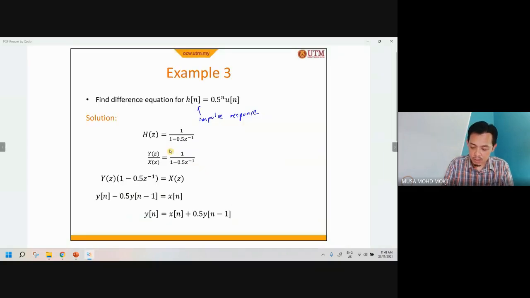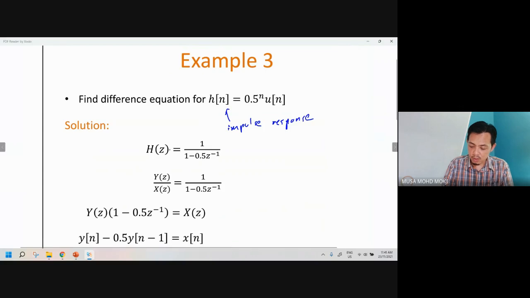To make this complete, you should write that the ROC is |z| greater than 0.5. So straightforward from this to this, just referring to the table.